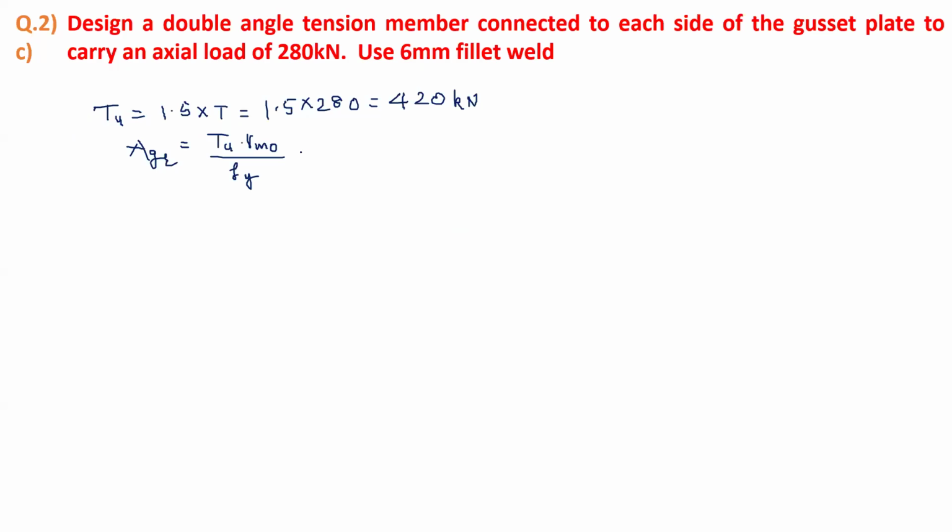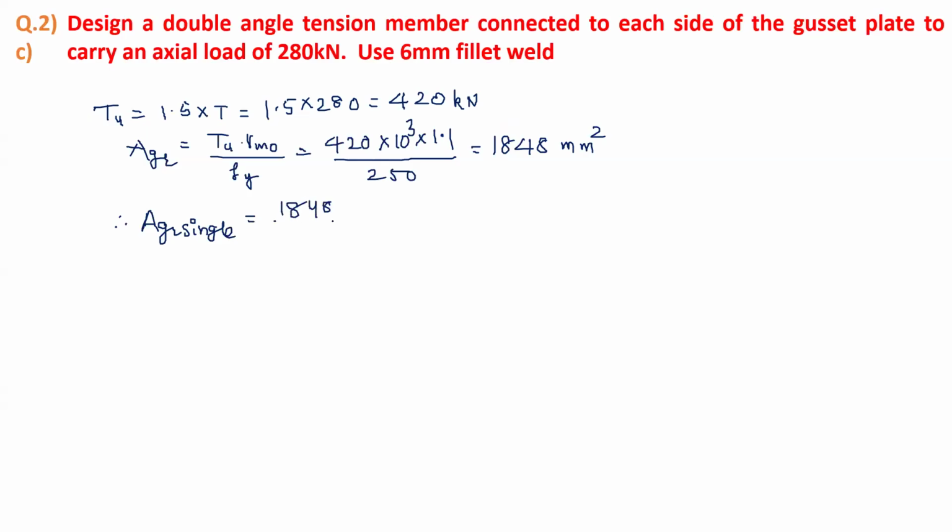Now we have TU 420 into 10 raised to 3 into 1.1 upon 250. And then we have this is equal to 1848 millimeter square. Therefore, AG required for single, that is equal to 1848 upon 2 is equal to 924 millimeter square.